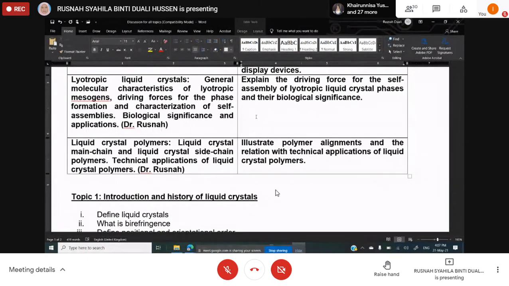But when we look at how the alignment is microscopically, we will understand why one of them is suitable for high strength fiber and why the other one is good, for example, in non-linear optic application.